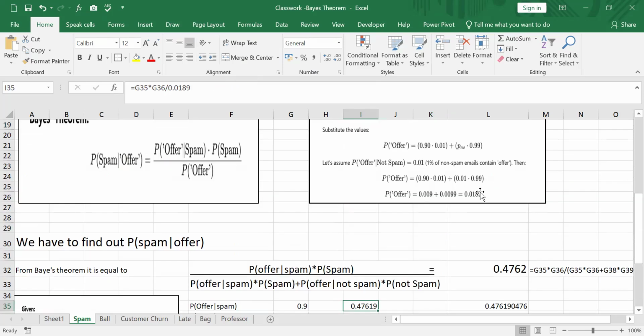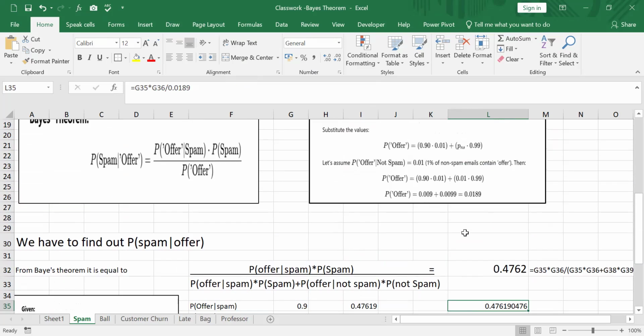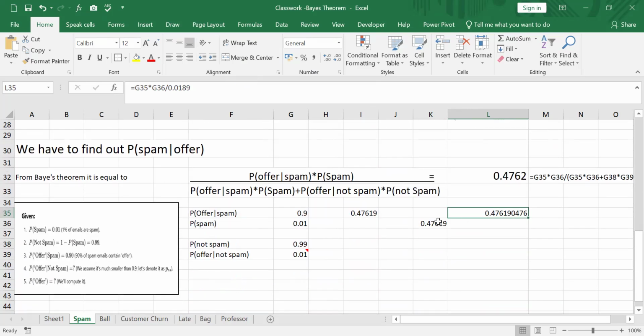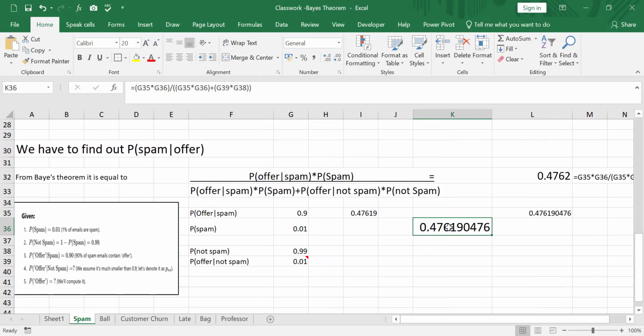Since I already calculated it using this formula, that is the final answer. Let us write this answer, 47%.